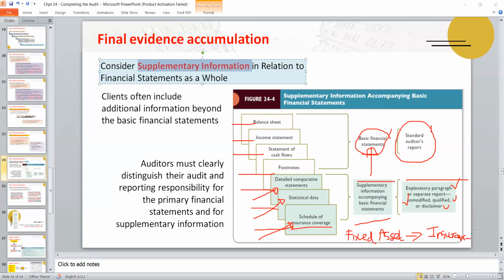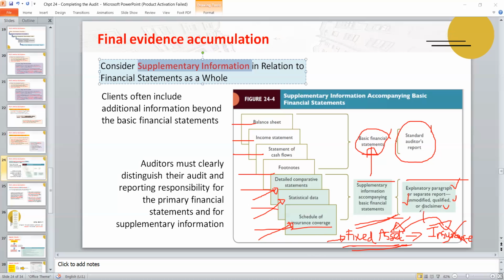If the company doesn't have any insurance on the fixed asset, of course it will affect the opinion, and also the decision from the users of the financial statement, because they feel not safe for the fixed asset if ever there is a disaster or maybe fraud, theft, something like that that will affect the fixed asset, but the fixed asset does not have an insurance.